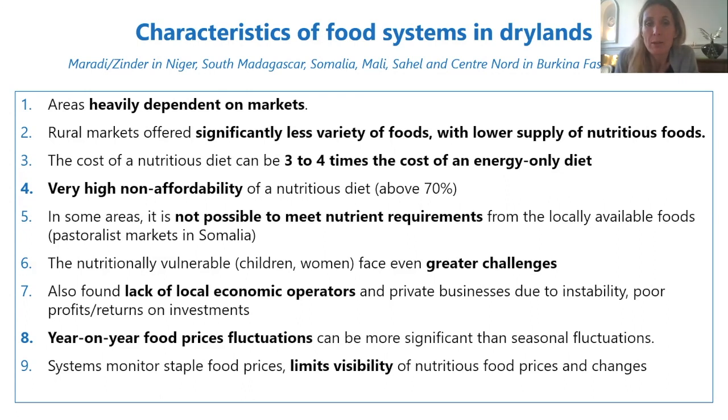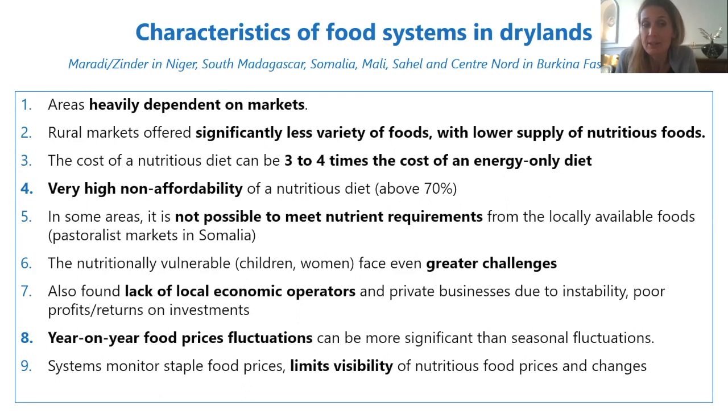So when nutritious foods are so expensive, we look at the proportion of households that can afford a diet that meets all nutrient requirements, a nutritious diet. And we see that this context is where we find the highest non-affordability of a nutritious diet. It's above 70%. The majority of households cannot afford a nutritious diet.